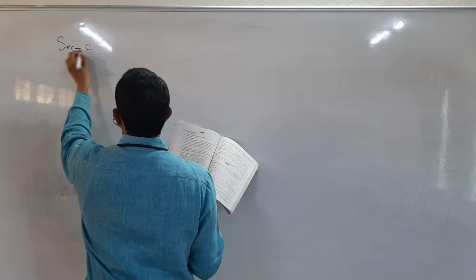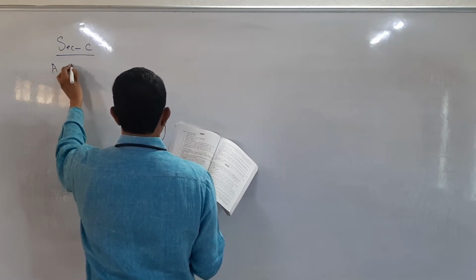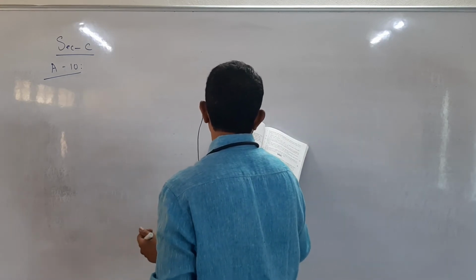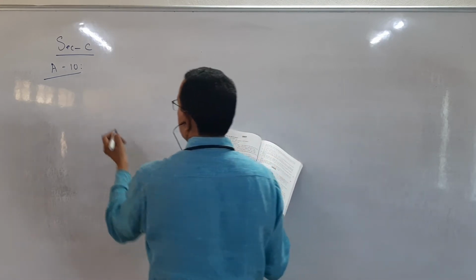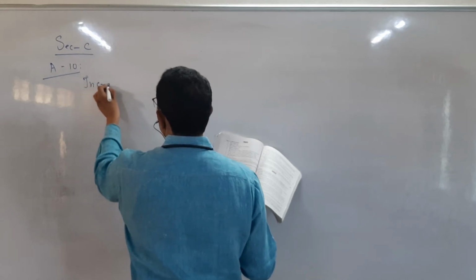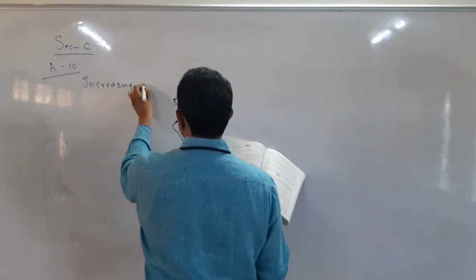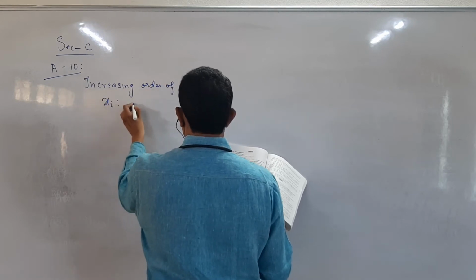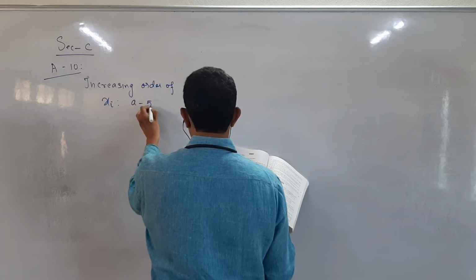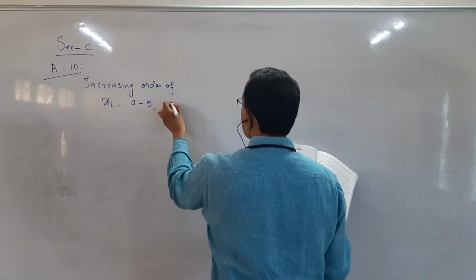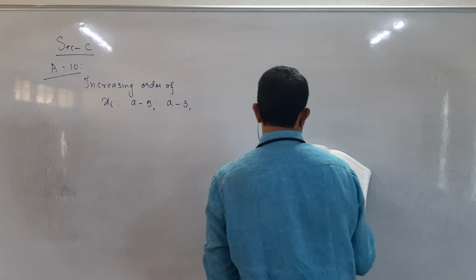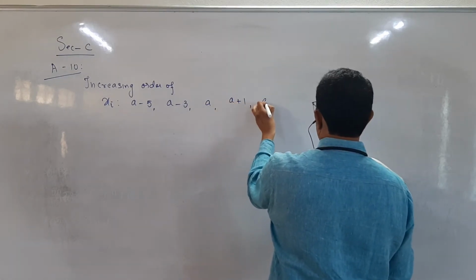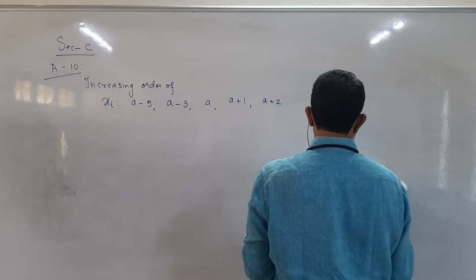Answer number 10, students, all of you please pay attention. Considering a as positive, in increasing order of xi, the least will be a minus 5, then a minus 3, then a, then a plus 1, and the highest will be a plus 2.